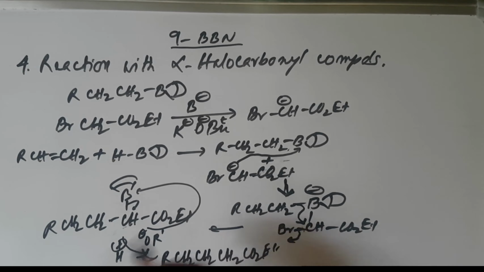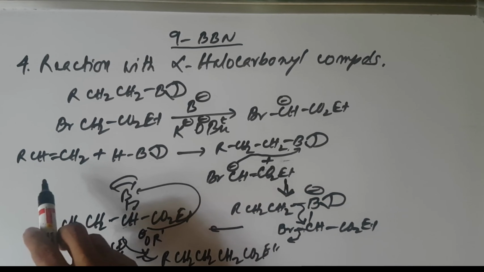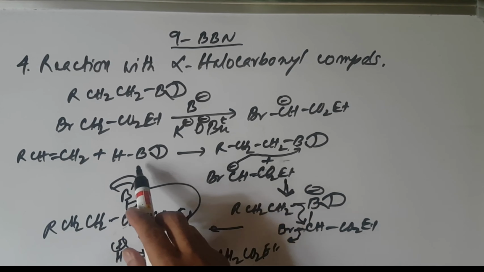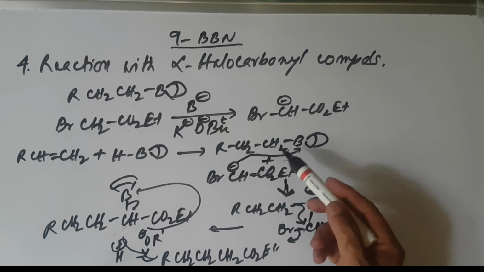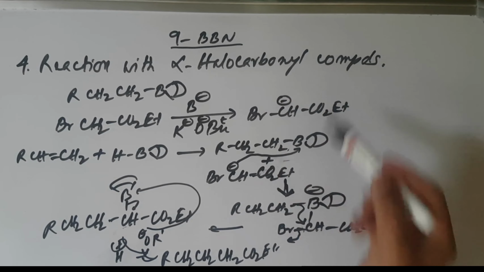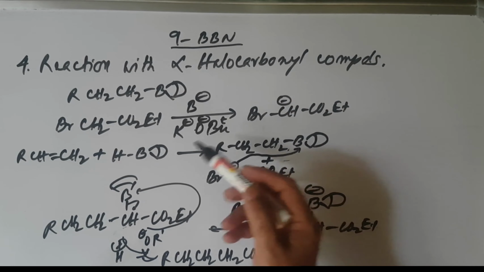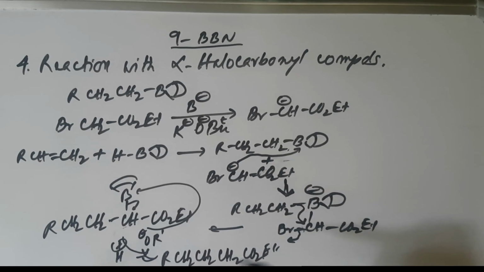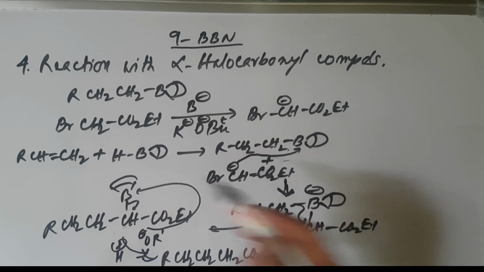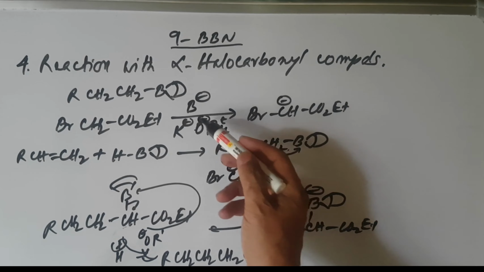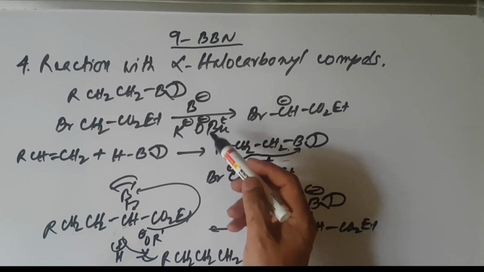So I'm repeating again. The alkene reacts with 9BBN to give alkyl boron. The alkyl boron can react with alpha halo carbonyl compounds, here an alpha bromoester, ethyl bromoacetate. It reacts with a strong base like potassium tertiary butoxide.